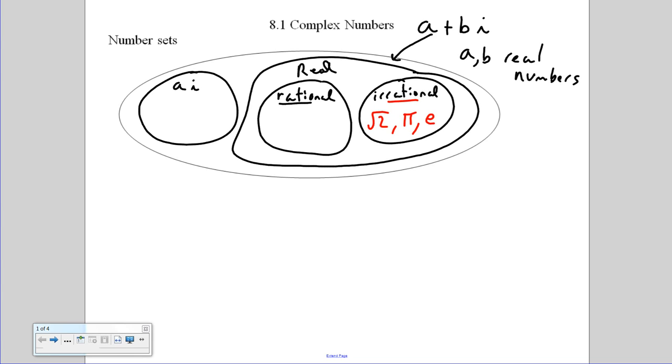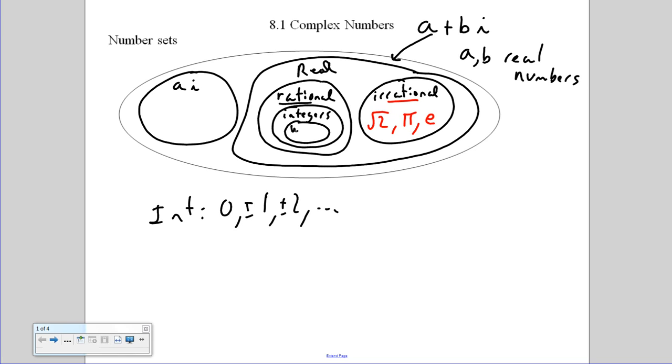But the rational numbers are ones like integers, so you're going to have one big circle there, integers, and integers are where you have 0, plus or minus 1, plus or minus 2, etc. And you're also going to have whole numbers, and whole numbers are going to be where you have just 0, 1, 2, 3.